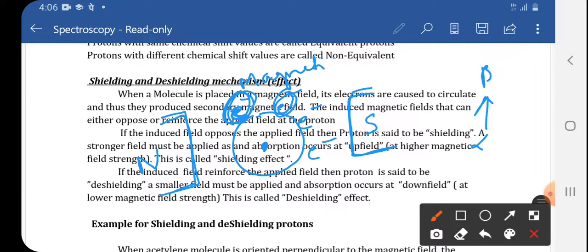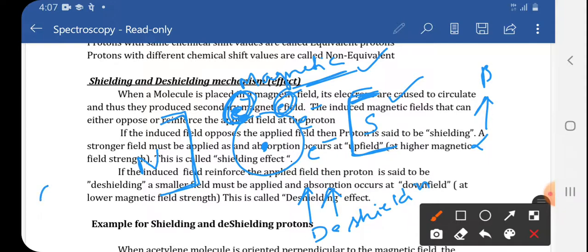If this magnetic field and the external magnetic field have the same direction, that is called the de-shielding effect. Or if the secondary magnetic field is opposed to the external magnetic field, then this proton is said to be a shielded proton.